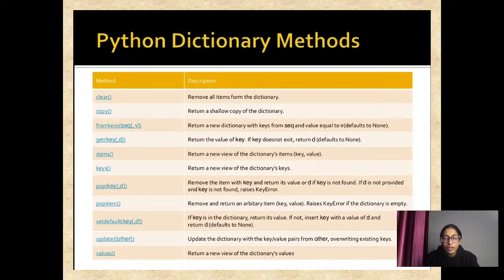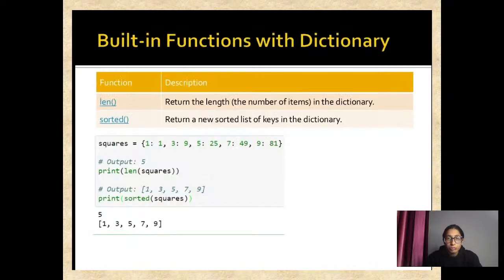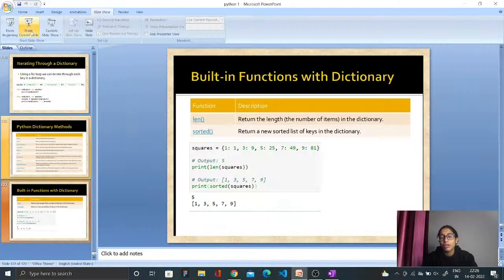When your observation part has been declared, it will either create or destroy your nested key. The built-in functions in your dictionary are length and sorted. Length returns the number of items in your dictionary, and sorted returns a new sorted list of the keys in the dictionary.